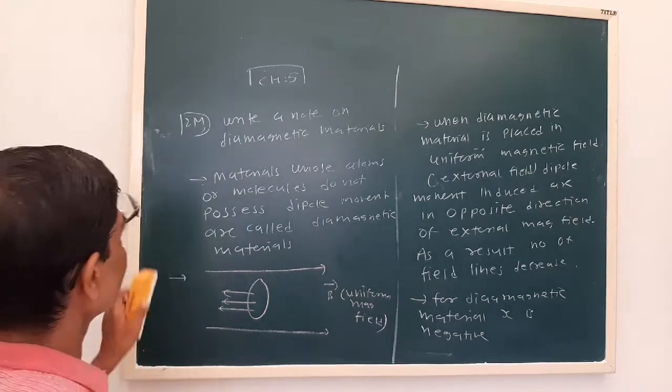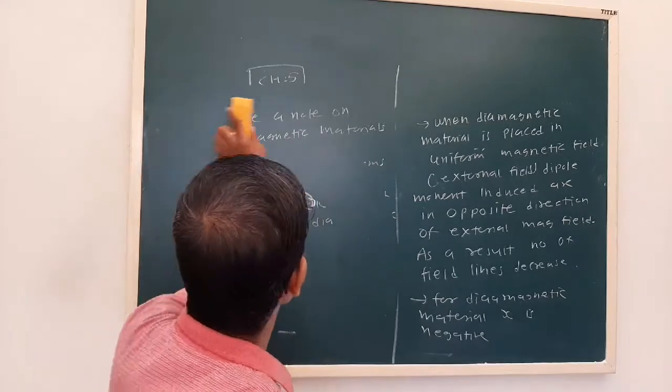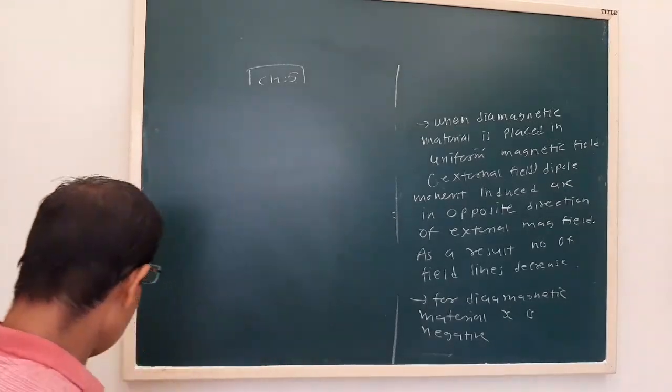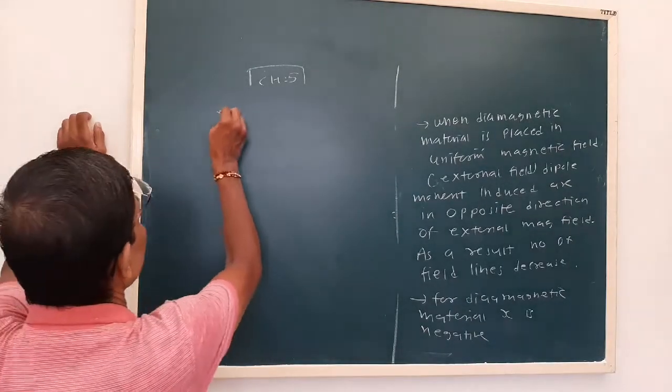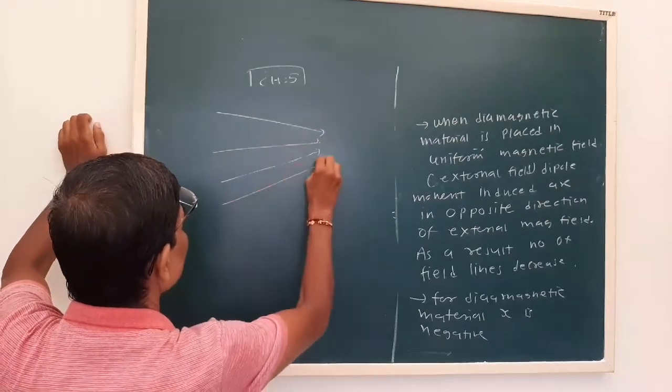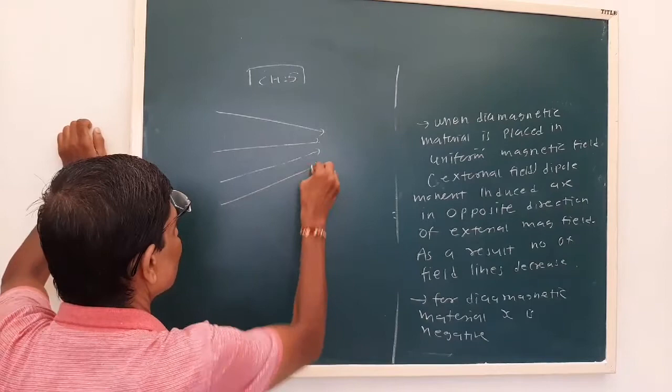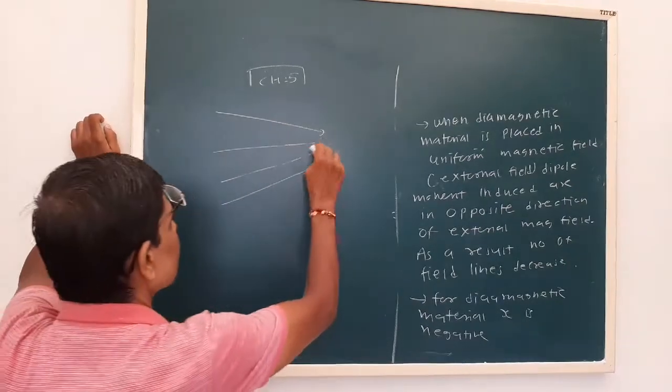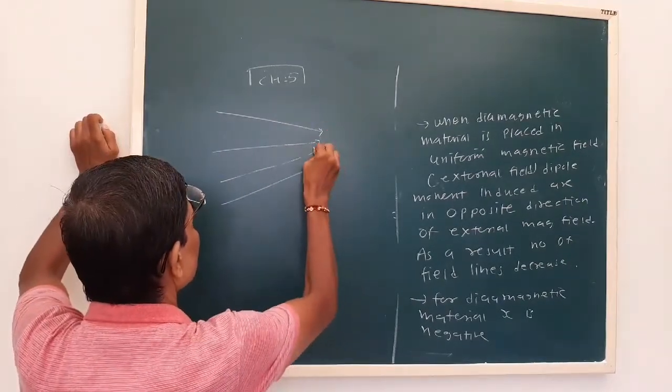Now see what happens when diamagnetic material is placed in a non-uniform field. We have shown non-uniform here.